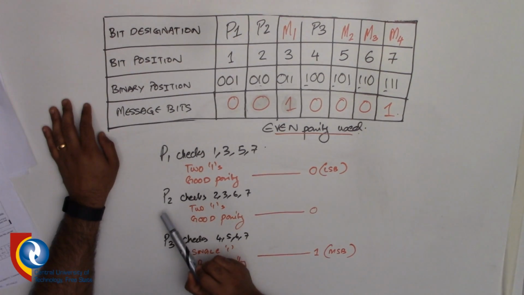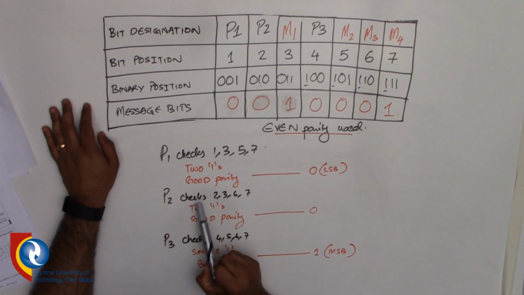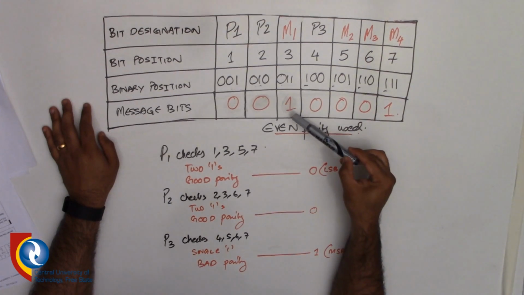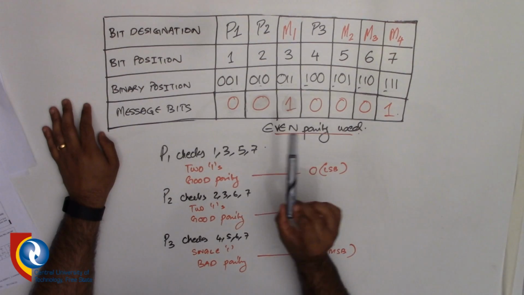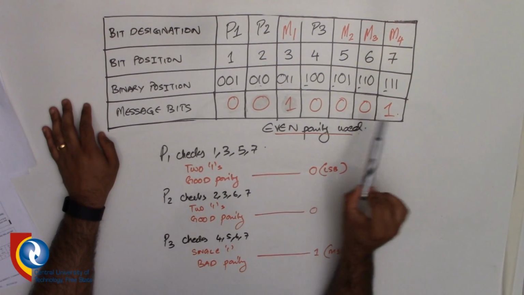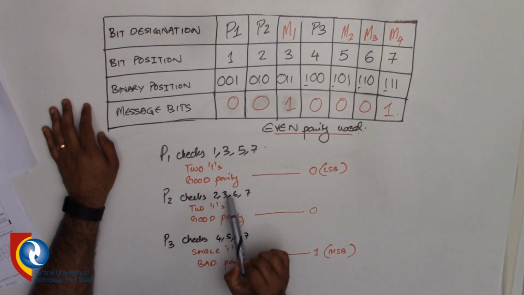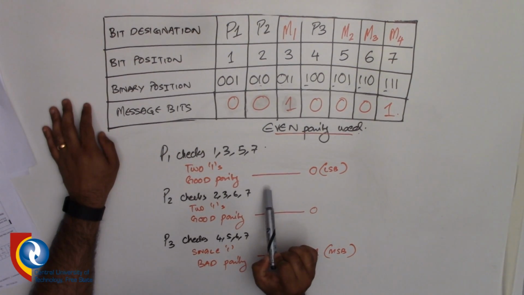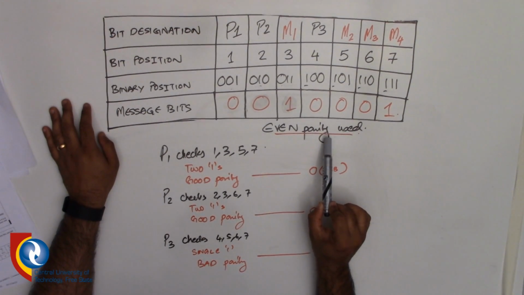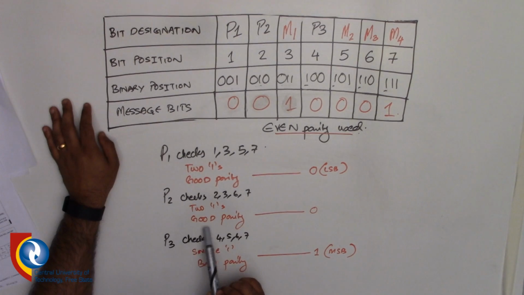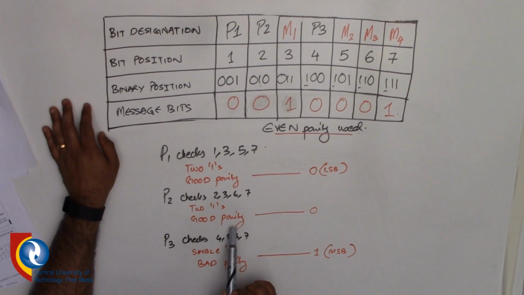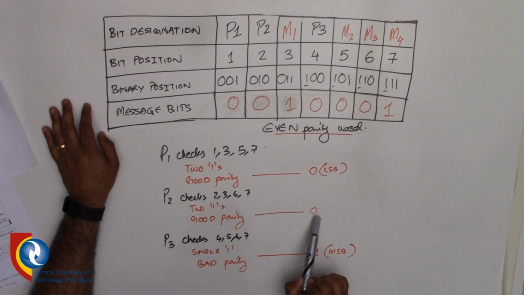Then we go on to P2. P2 checks bit positions 2, 3, 6 and 7. And we see that we have 2 1s at bit positions 2, 3, 6 and 7, which is exactly what the question requires. So we have an even parity match, which means that we have good parity. And if it's good parity, then we place a 0 again.